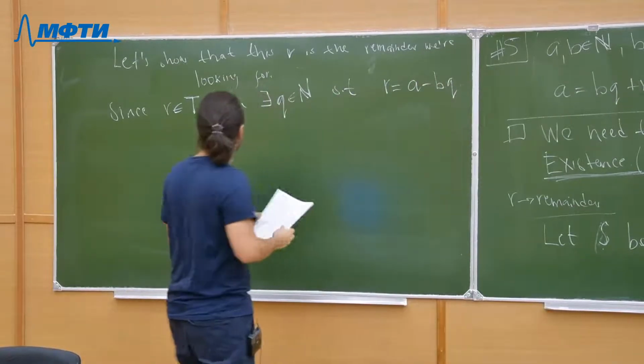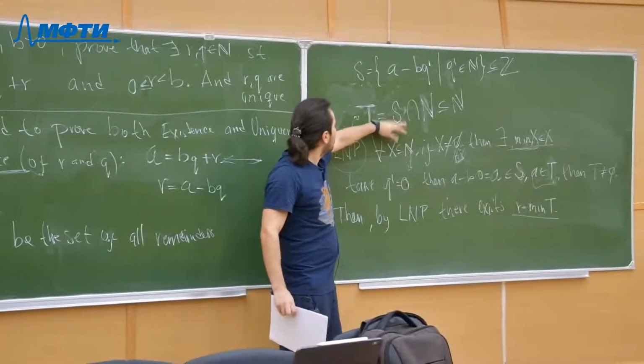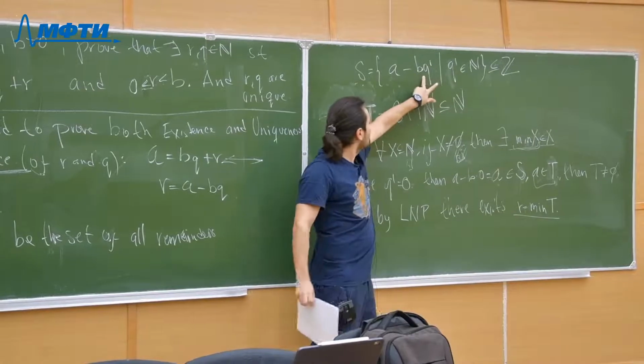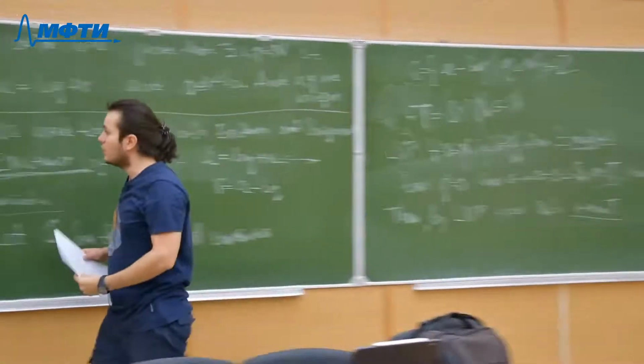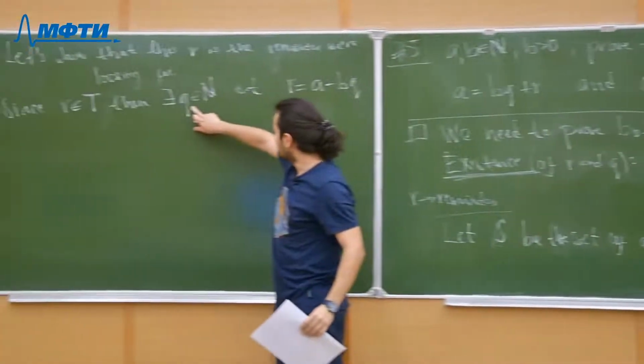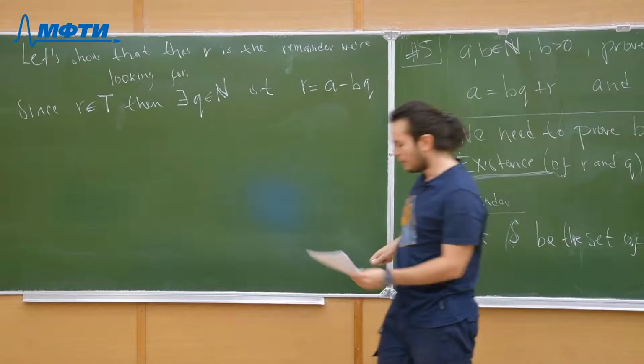Okay, so we have that R is an element of T, and since T is this set, there exists some Q such that R is equal to this.